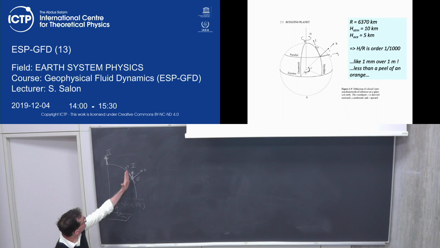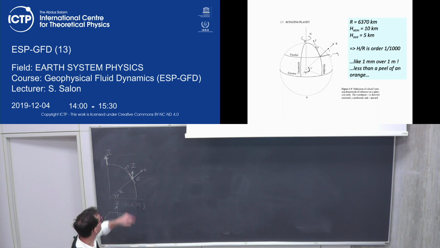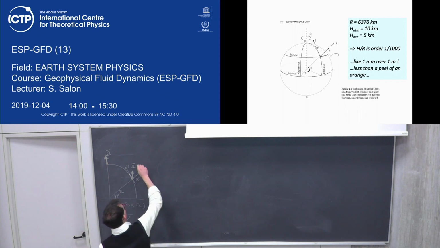But still, our rotation vector will have two components, one on the z and one on the y. So capital Omega will be 0, omega y, and omega z.